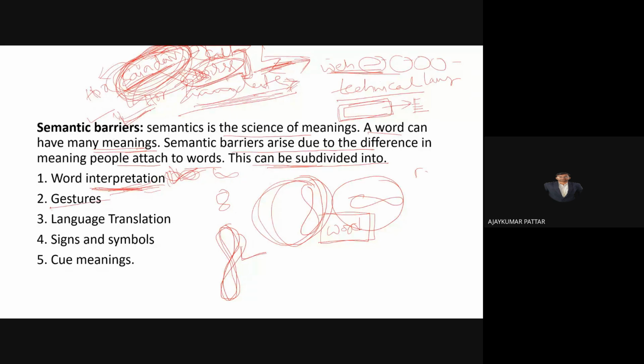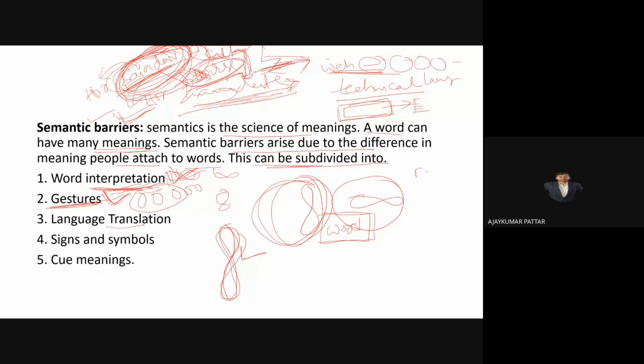Gestures also: sometimes a gesture of a particular person will not be understood correctly. My friend may understand the gesture differently, so that interferes with proper communication to the receivers.